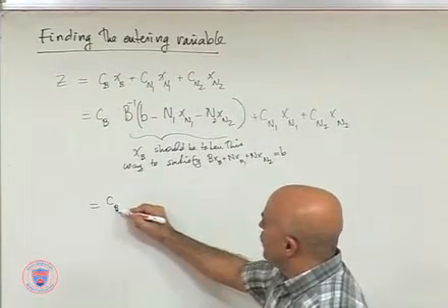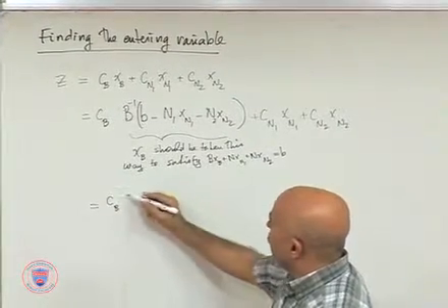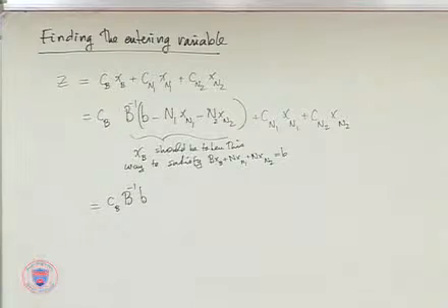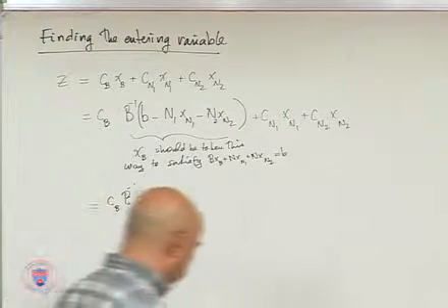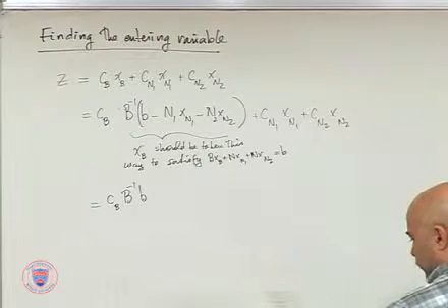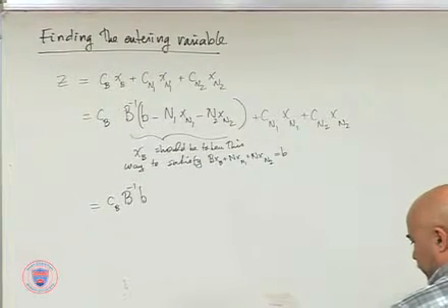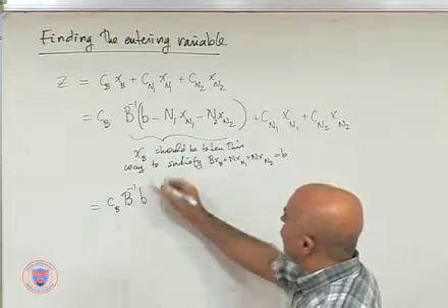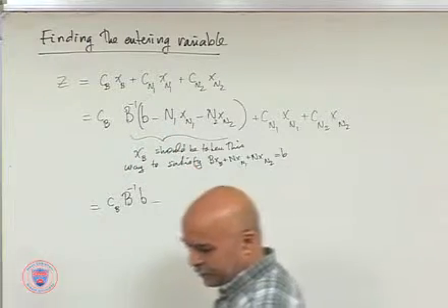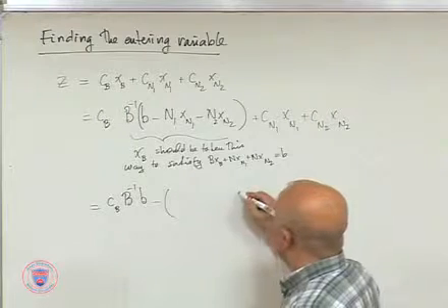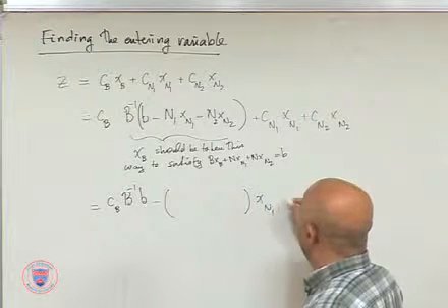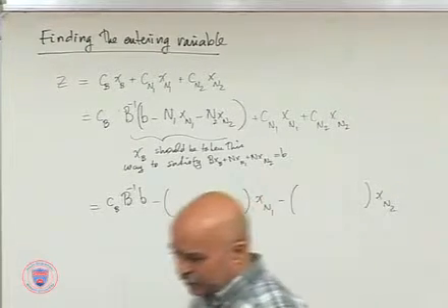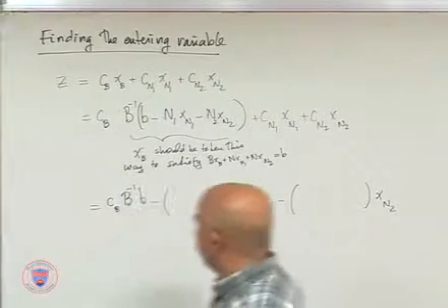You get CB B inverse b minus something times xn1 here minus something else times xn2 here, which is not really difficult to compute.